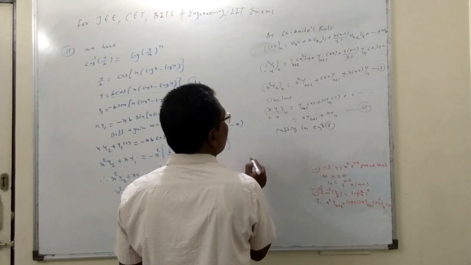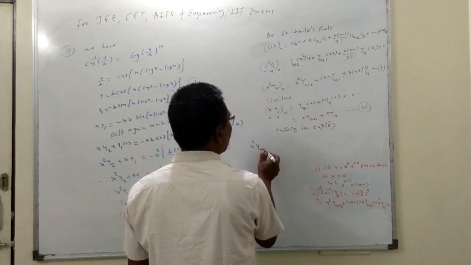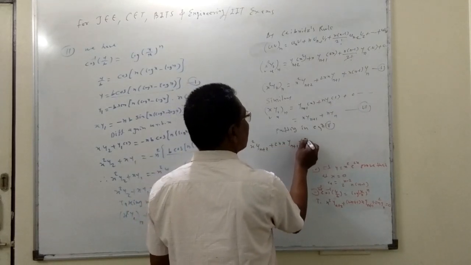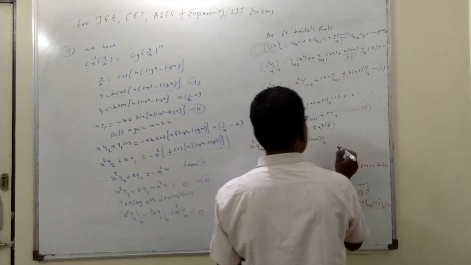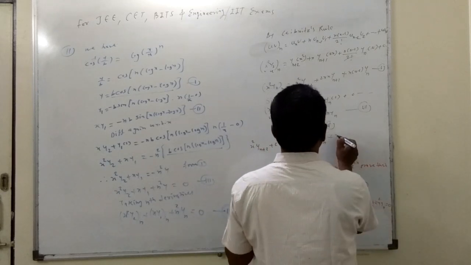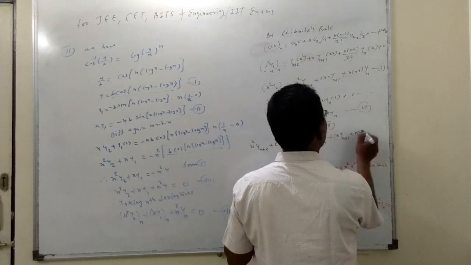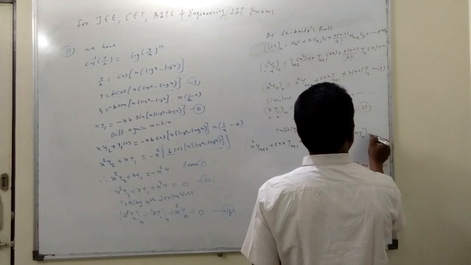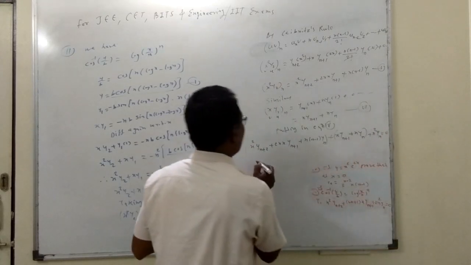So x square y2 nth derivative is x square yn plus 2 plus 2nx yn plus 1 plus n(n minus 1) yn, plus x y1 nth derivative, so x yn plus 1 plus n yn, and plus n square yn is equal to 0.